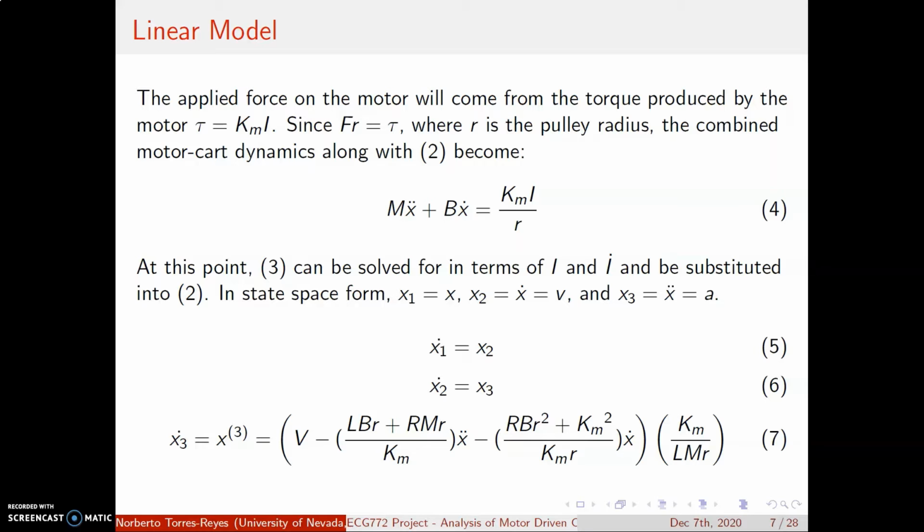In state space form, x1 equals x, the position, x2 equals x dot, the velocity, and x3 equals x double dot, which is the acceleration. Then x1 dot equals x2, x2 dot equals x3, and x3 dot is equal to the dynamics.